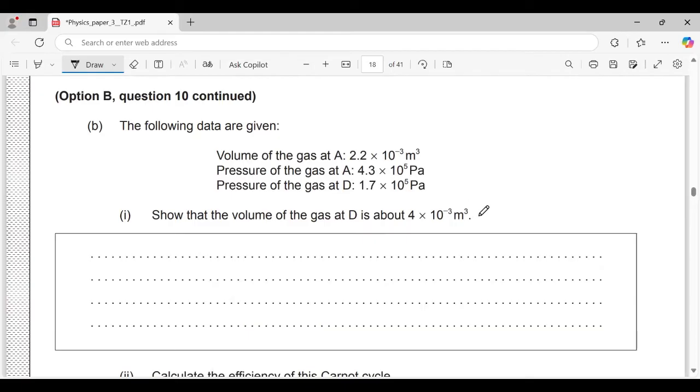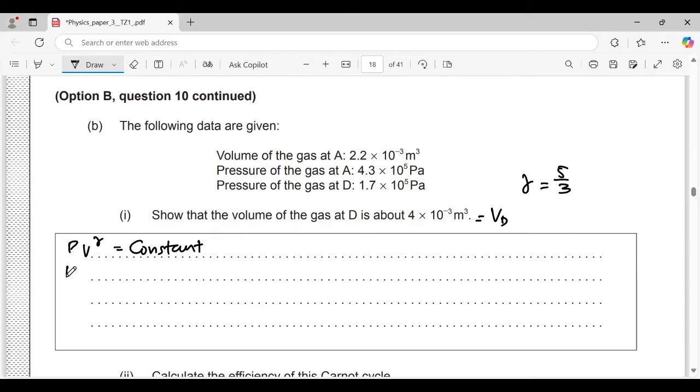It means this is V_D. The adiabatic formula is P V to the power gamma equals constant, where gamma is the adiabatic index. Gamma is 5/3 for a monoatomic ideal gas, right?